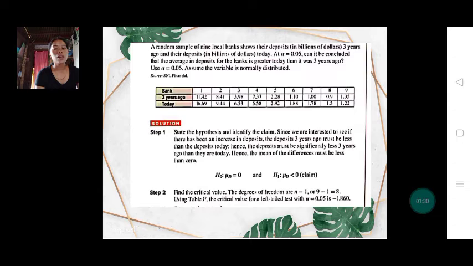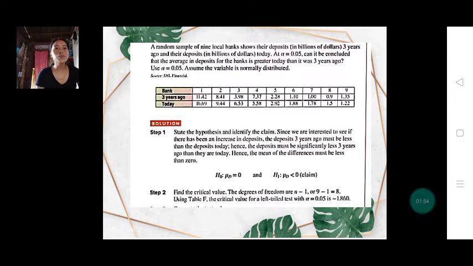So, solution. To solve this problem, we have 5 steps, the first step is to state the hypothesis and identify the claim.